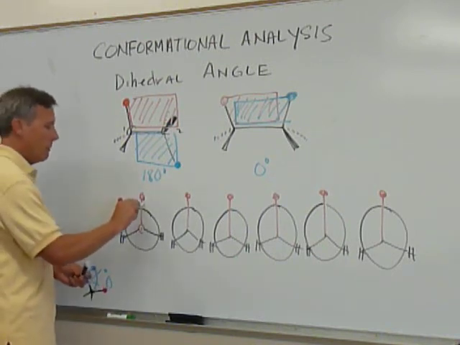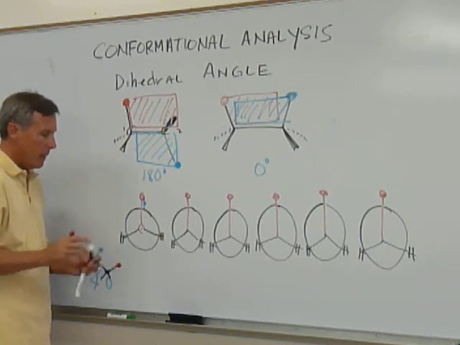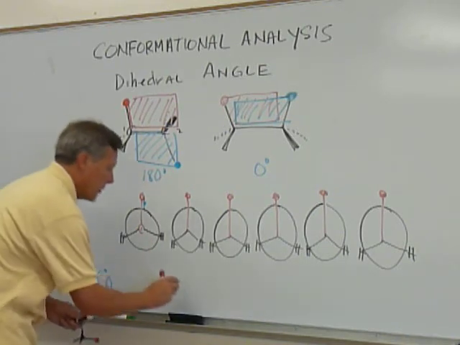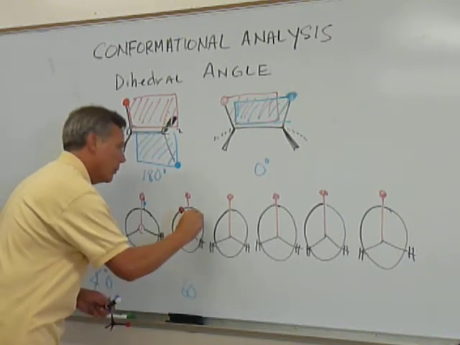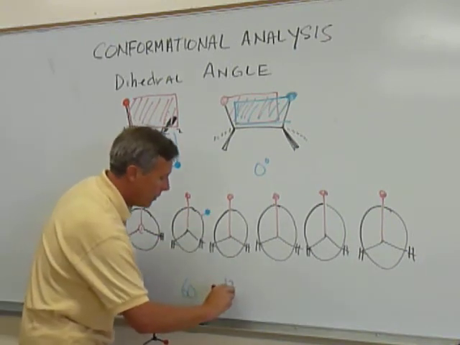Thus, the blue hydrogen is pointing directly back. We're going to rotate 60 degrees. That puts the blue hydrogen there. We're going to rotate another 60 degrees.